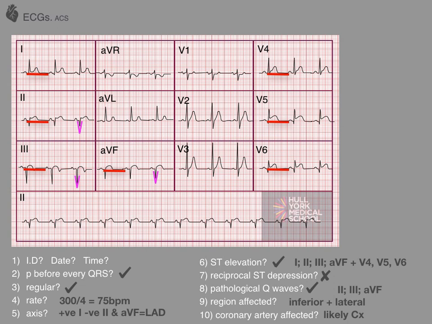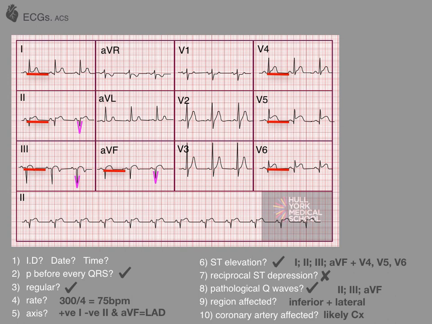So in this example, it is both the lateral and the inferior walls of the heart that are being affected. So this is a scenario where we could probably conclude that this patient has a circumflex dominant arterial system. So their circumflex artery is supplying the inferior border of the heart.